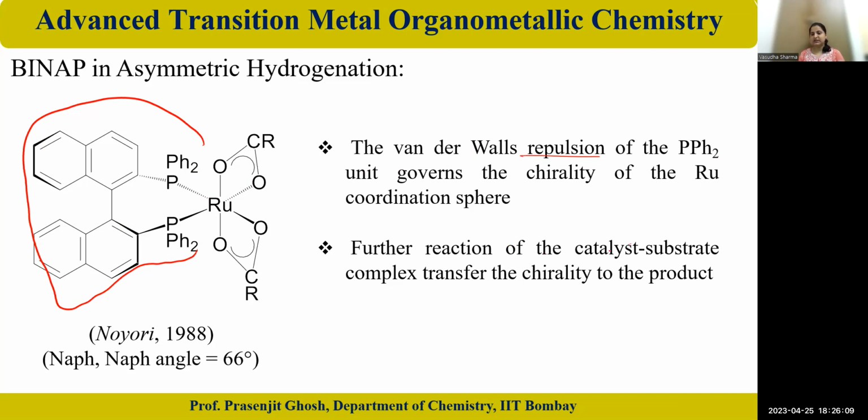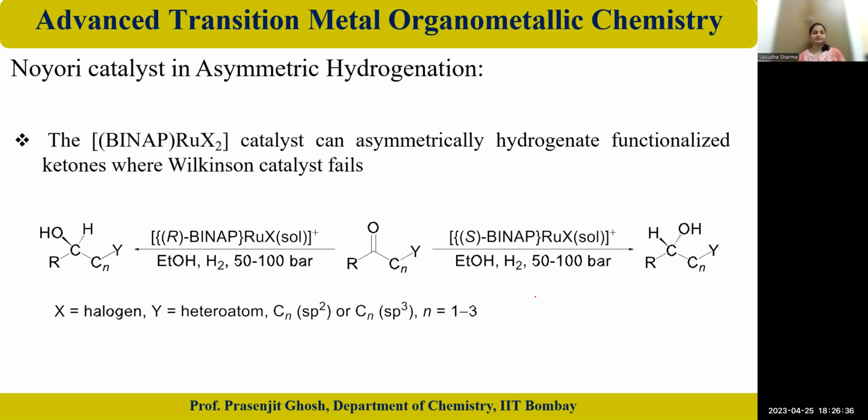And the reaction of the catalyst substrate complex transfers the chirality to the product. So because of the van der Waals repulsion, it will transfer the chirality to this whole thing, and then when it reacts with your substrate, it will transfer the chirality to the product also. And these 2 are the naphthalene rings, and they have a bond angle of 66 degrees.